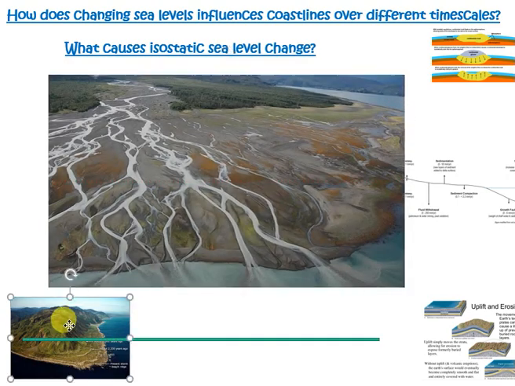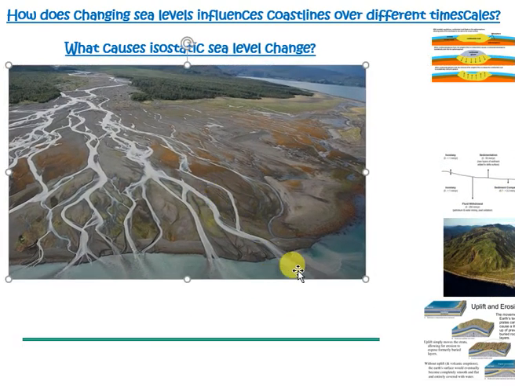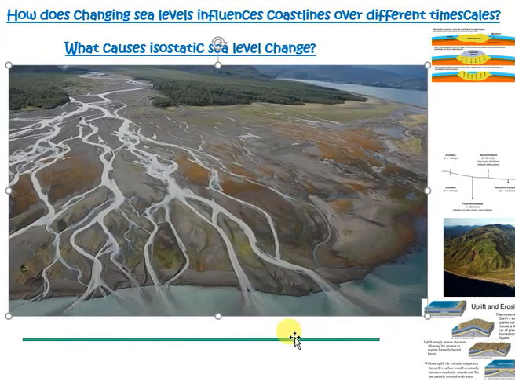sediment accretion. So sediment, sand, silt, mud, clay. Accretion, it builds up, typically in river deltas and in estuaries possibly, and the weight of that sediment has a similar kind of effect to the glacier ice, but it's not significant.